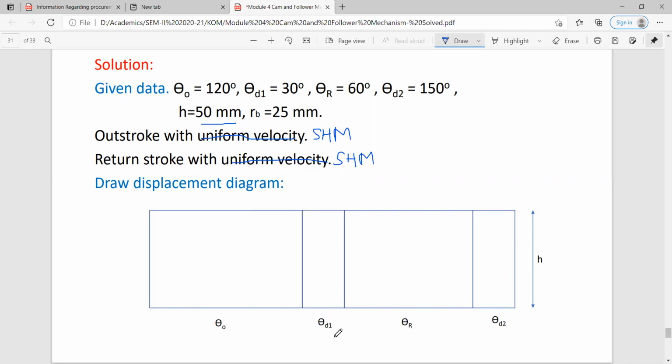You can decide the length for the dwell period as any length, because we don't have to do any construction here. Similarly, the other dwell period too you can keep of any length. So draw this, then I will tell you further the process.